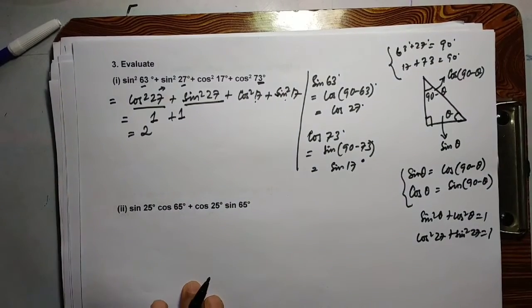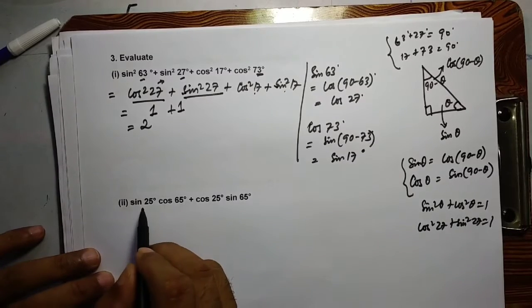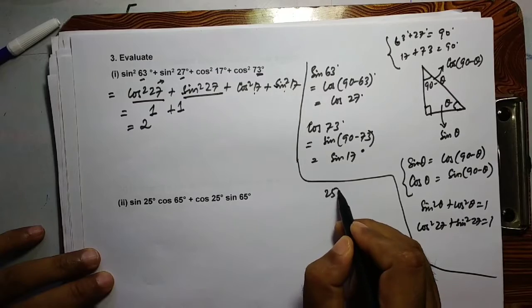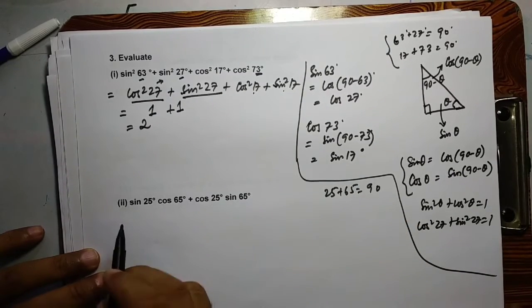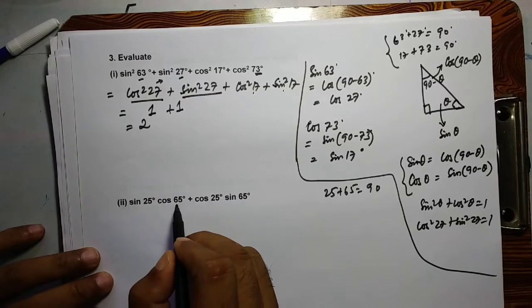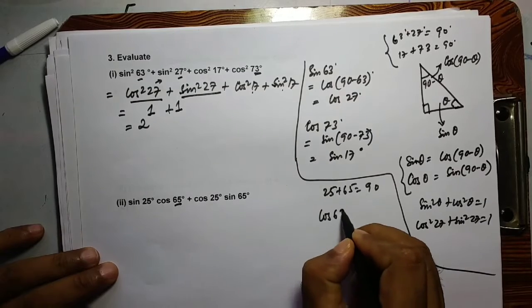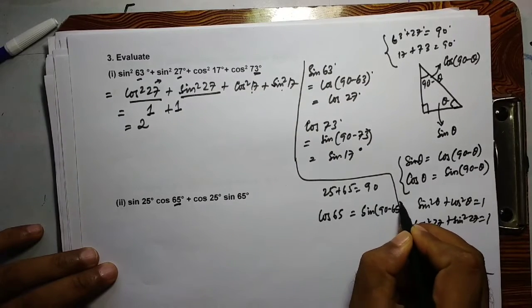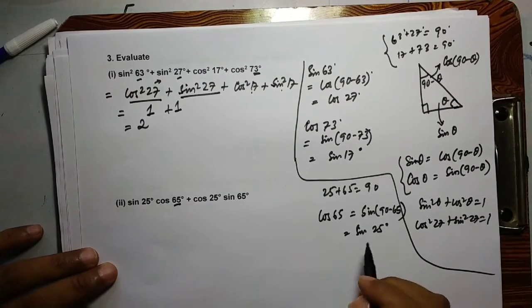Okay. Similarly, the same question they have given from complementary angles, question number 2. Just check: 25 plus 65 is 90. Then the same. So what you will do is convert any angle, maybe 65, to 25 degrees. So cos 65 is nothing but sine of 90 minus 65, and this is sine of 25 degrees.